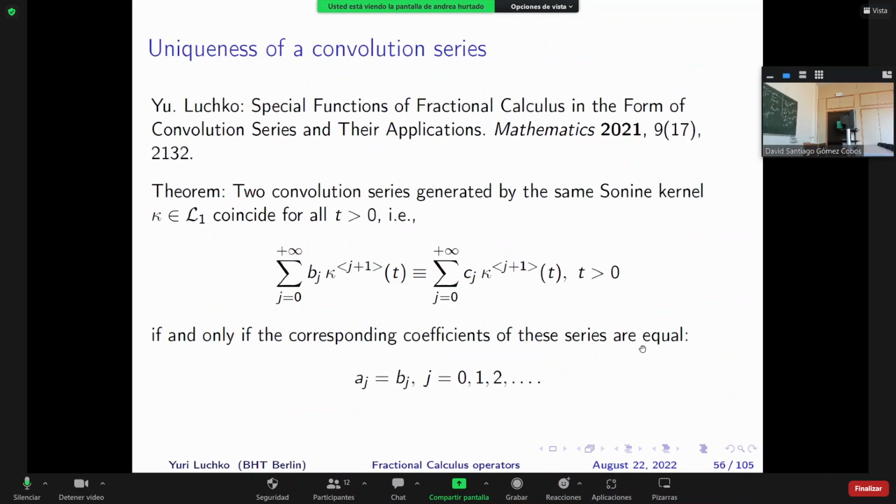having introduced this convolution series, of course we can speak about many applications. And the first one, as I already mentioned, is to try to use this series to derive some solutions to some differential equations with the corresponding operators, with the general fractional derivatives.